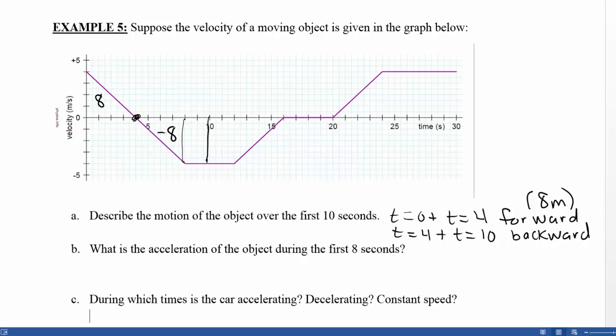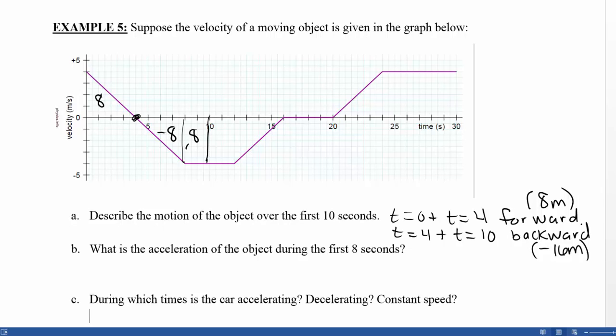And then my rectangle is 2 units by -4 units. So that's another -8. So I moved forward 8 meters, and then I moved backwards -16 meters. So I was going back in the other direction, -16 meters. So I can get that information exactly because my graph provides values on the x-axis and y-axis.